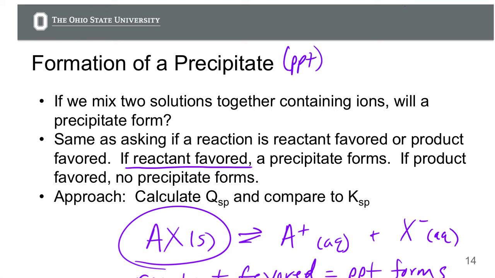In this case, PPT is not PowerPoint. If the reaction is product favored, the products are in the aqueous phase, that means that no precipitate forms. Okay? So that's the distinction here. We're still working with equilibrium, still thinking about whether a reaction is reactant favored or product favored. Nothing has changed. If it's reactant favored, a precipitate is forming. If it's product favored, there's no precipitate that forms.